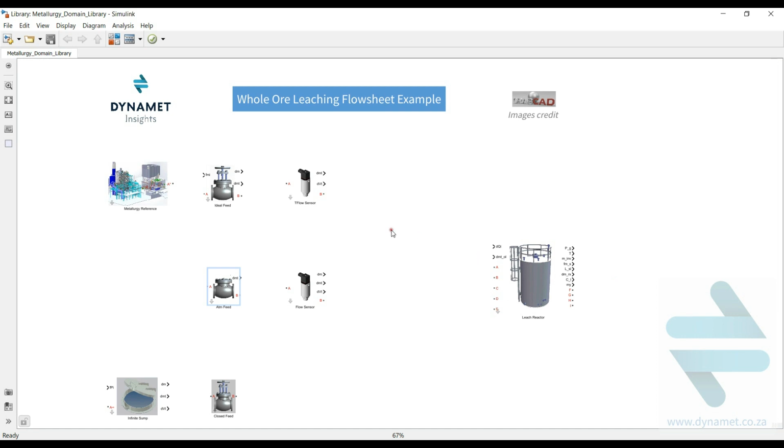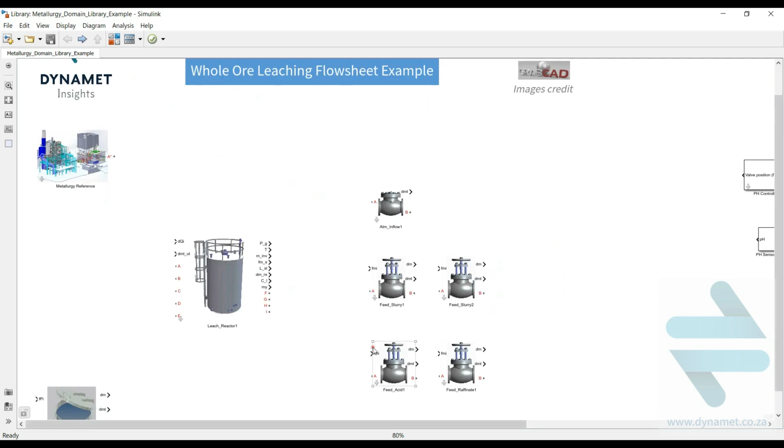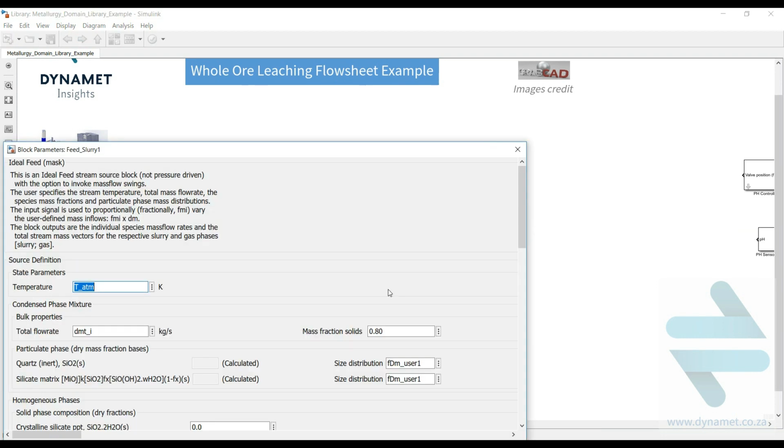And then we have our ideal feed blocks. Now, to keep this video short, I've made a few copies of this block and gave each feed stream a unique name after specifying typical stream compositions. So we have two slurry feed stream blocks for imposing interesting mineralogical dynamics on the leaching vessel.